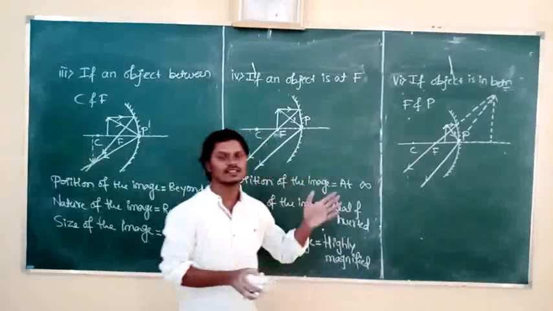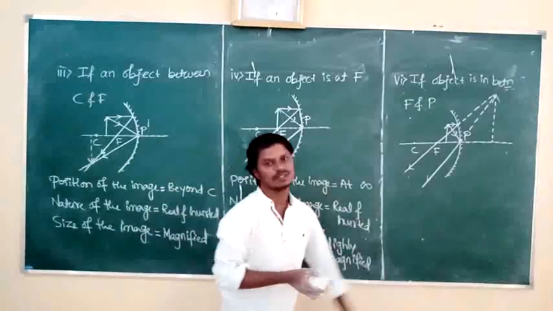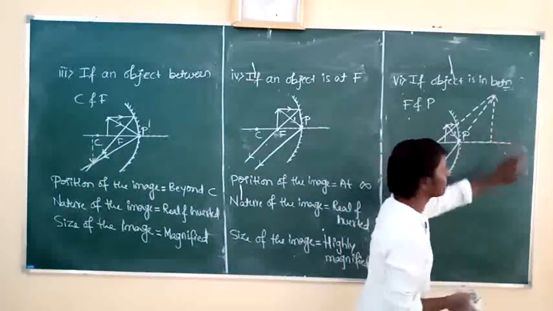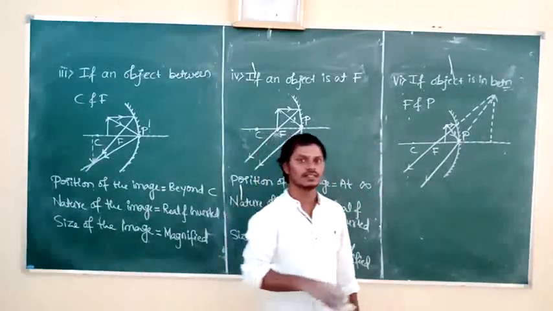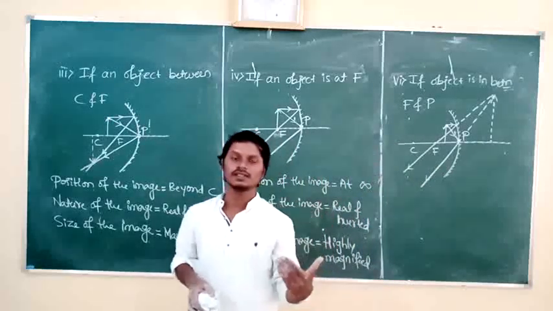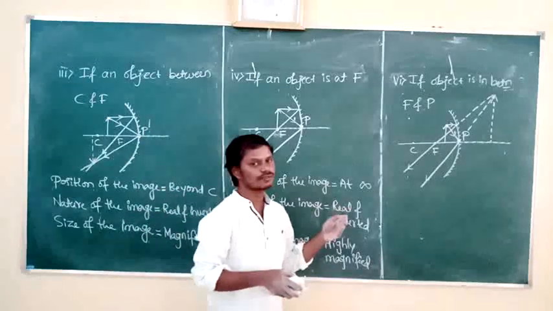Now by seeing this diagram, what conclusion do we give? What is the position of the image? See here, the image is formed behind the mirror, not in front of the mirror. If the image is formed behind the mirror, this image is called a virtual image. And why is it called a virtual image?